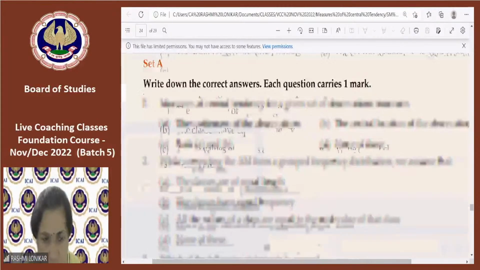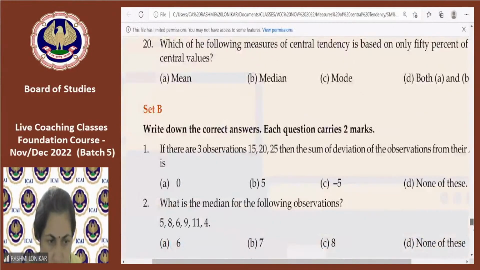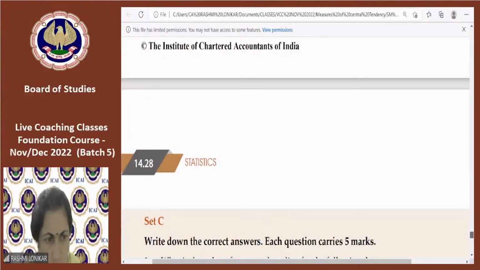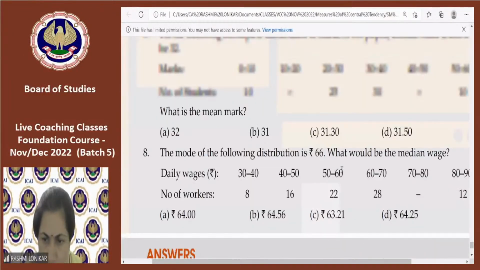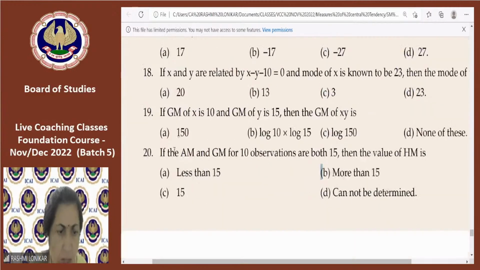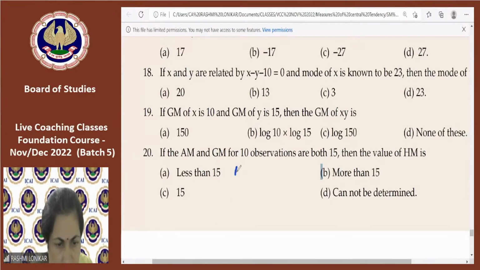So where is the sum? Okay. So what is the relation? AM is greater than equal to GM is greater than equal to HM.